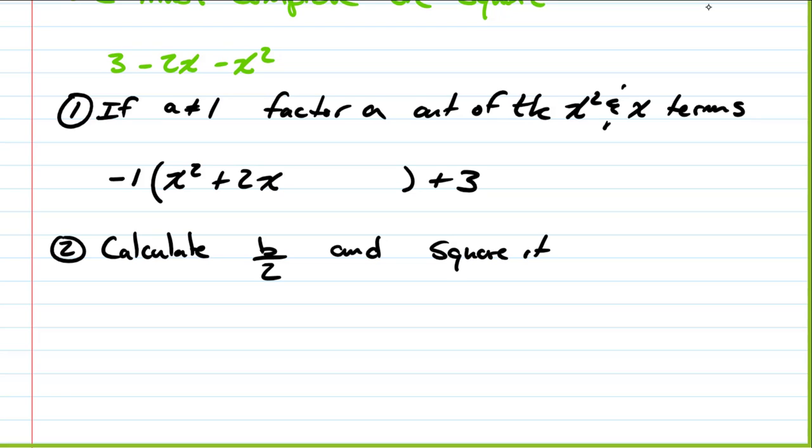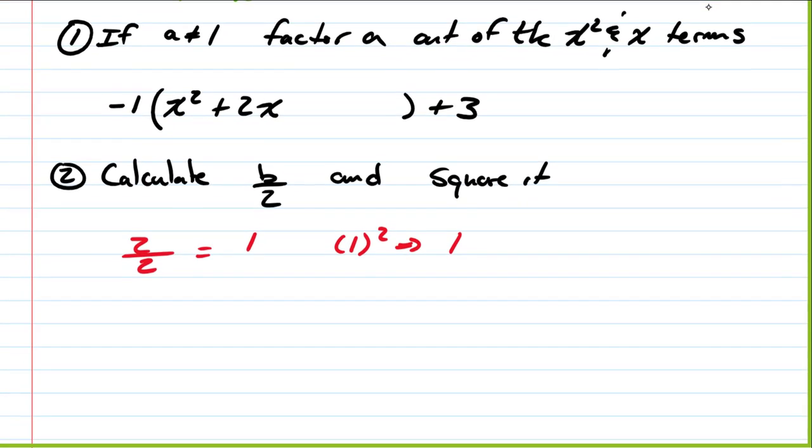So in our case, our b is 2. So we're going to have 2 over 2, which equals 1, which makes squaring it easy. So 1 squared is equal to 1.